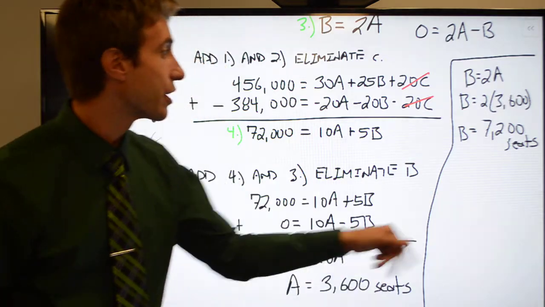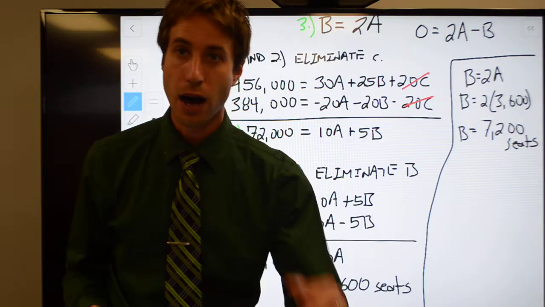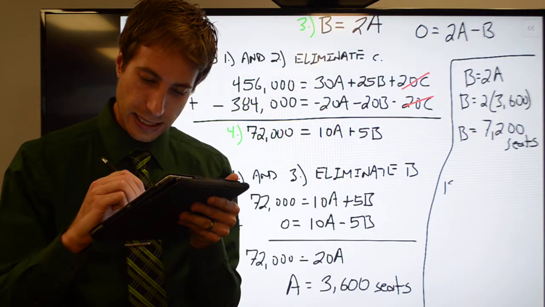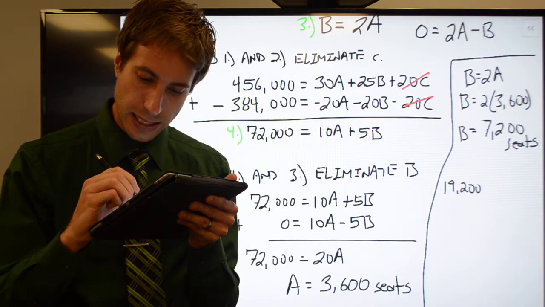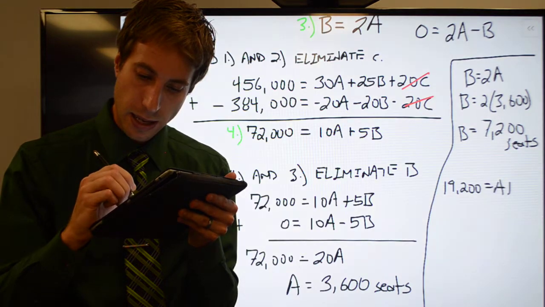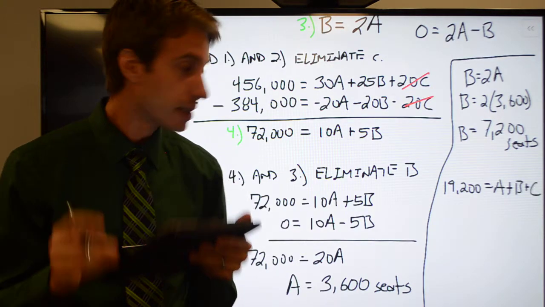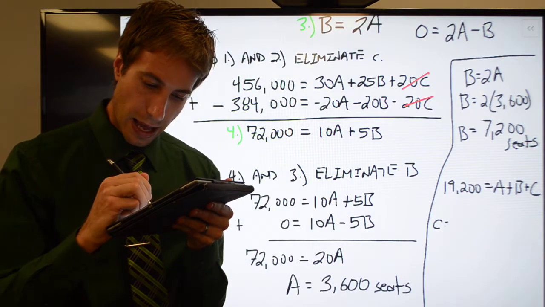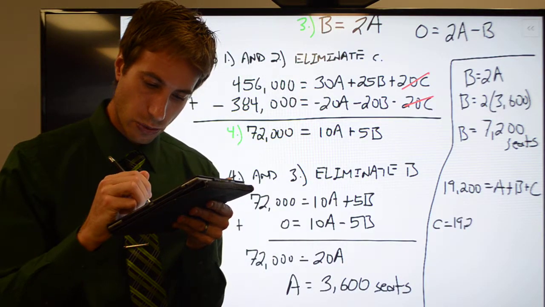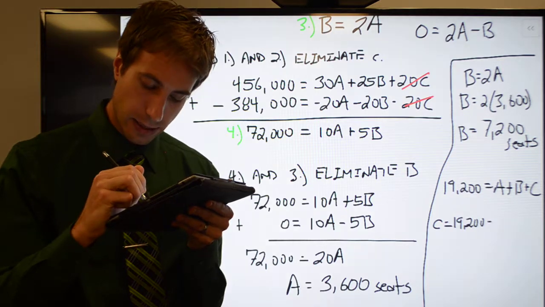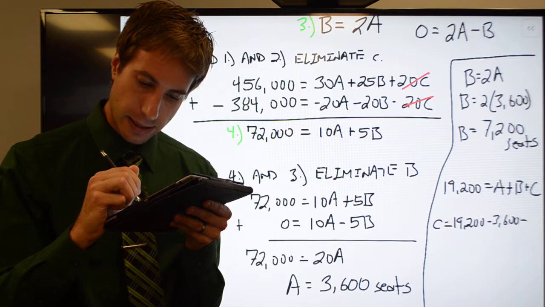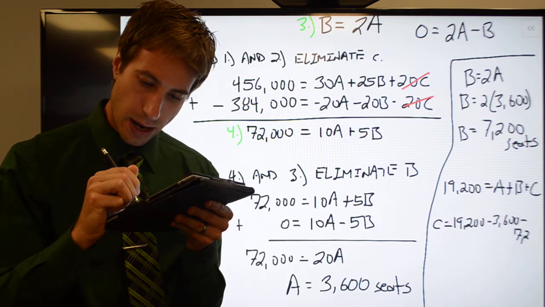And then finally, how do you find the number of seats in the lawn? Well, we know that there were 19,200 seats, and that was equal to A plus B plus C. So in order to find C, I will have 19,200 minus 3,600 minus 7,200.